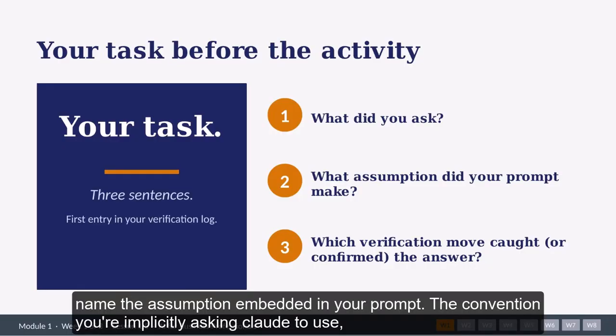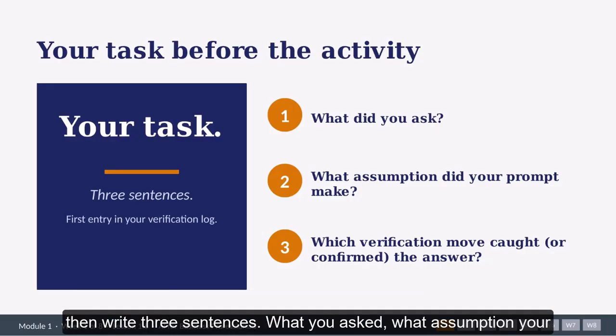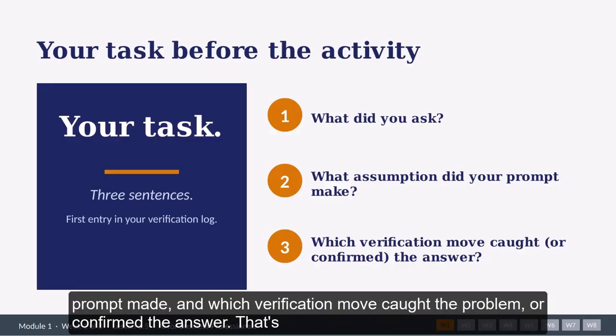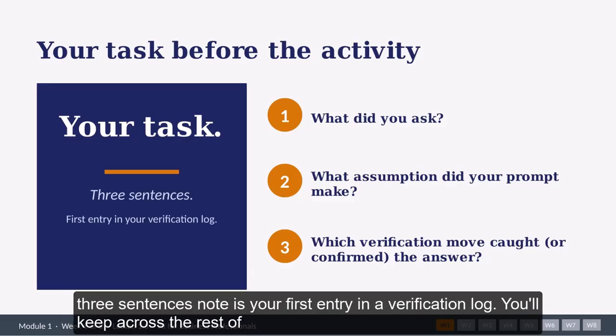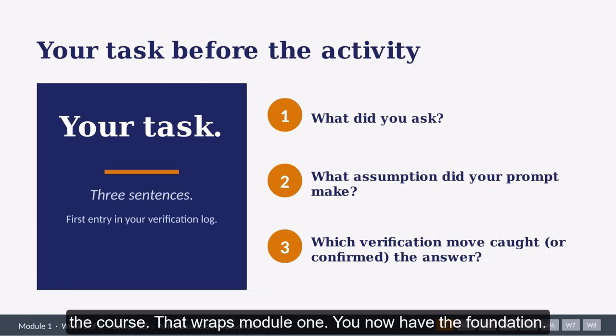Name the assumption embedded in your prompt, the convention you're implicitly asking Claude to use. Then write 3 sentences: what you asked, what assumption your prompt made, and which verification move caught the problem or confirmed the answer. That 3-sentence note is your first entry in a verification log you'll keep across the rest of the course.